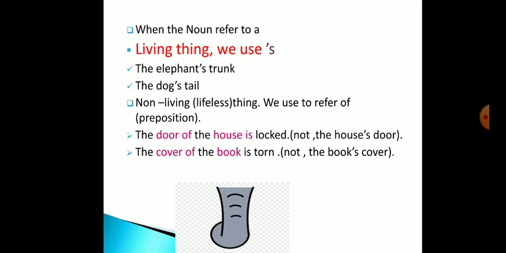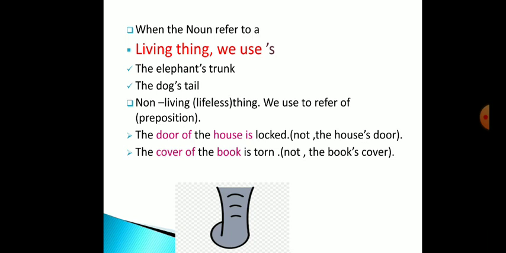Let us see the example. The elephant's trunk. Here the elephant is a living thing and we are talking about the trunk of the elephant, where we are using apostrophe s. The dog's tail.